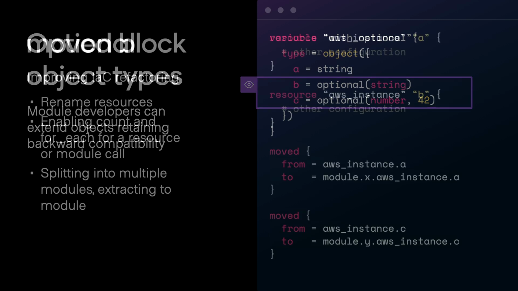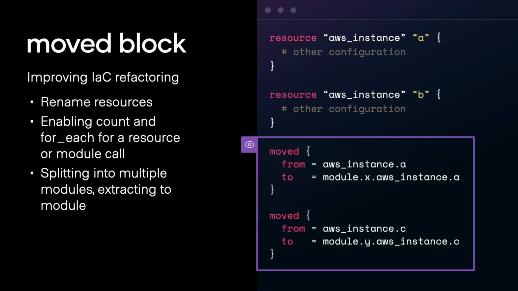The next one is the moved block, which again, Armand talked a little bit about this, but we've been working on this for quite some time now. The idea being, we want to enable the refactoring of large code bases, specifically for folks who've been running and working with HCL and with Terraform for a long period of time, where those code bases tend to grow and grow. And this allows you to easily extract into modules, a very common pattern with any programming language.